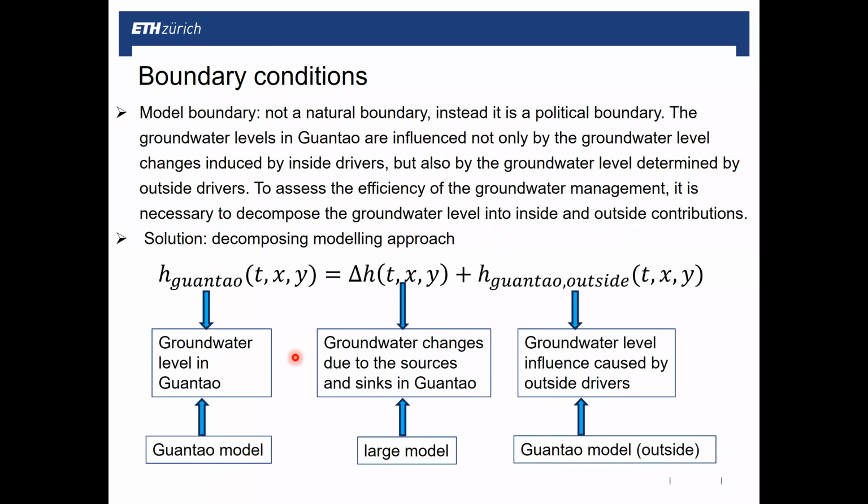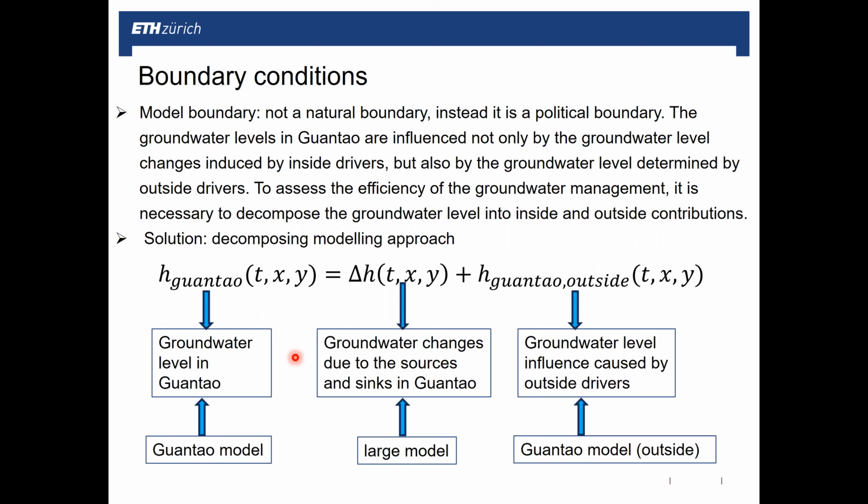Because in Guantao, the model boundary is not a natural boundary, it is an administrative boundary. That means the groundwater level in Guantao is influenced not only by the inside drivers, but also by the outside drivers. So one may argue that we can find a larger area with a natural boundary, like the North China Plain.